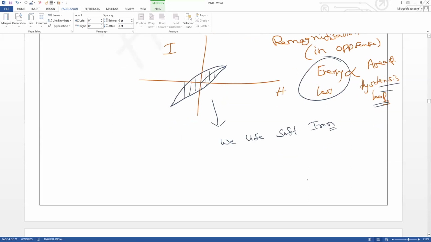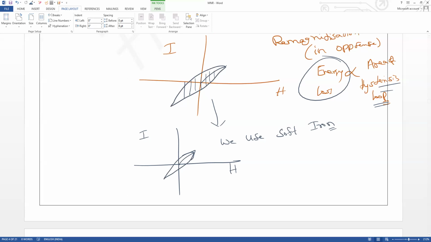Soft iron. If I use soft iron, it reduces the area of the hysteresis loop, so the loss of energy is also going to reduce. Is it okay, guys? So that is the third reason for loss of energy, where input power is not equal to output power.